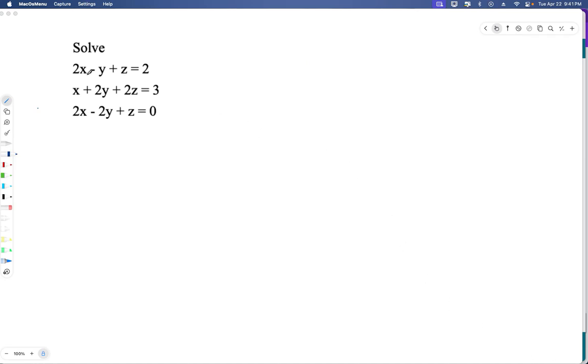All right, so A, B, C, just so we can keep track of which ones we're talking about. I'm going to use B and C first so I can cancel the y's. So B is x plus 2y plus 2z equals 3.